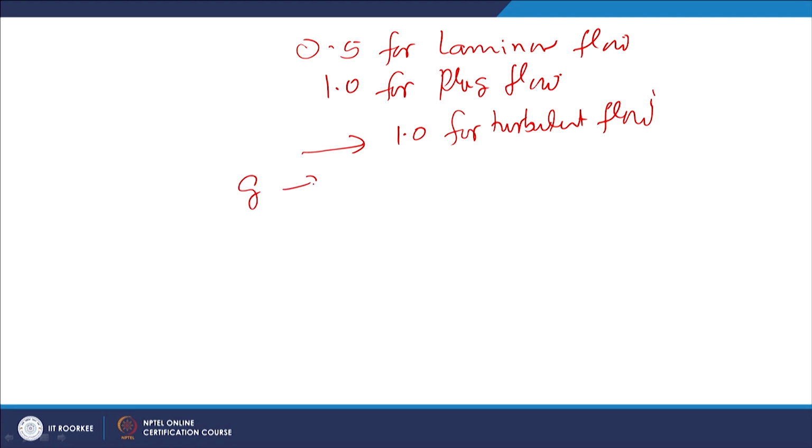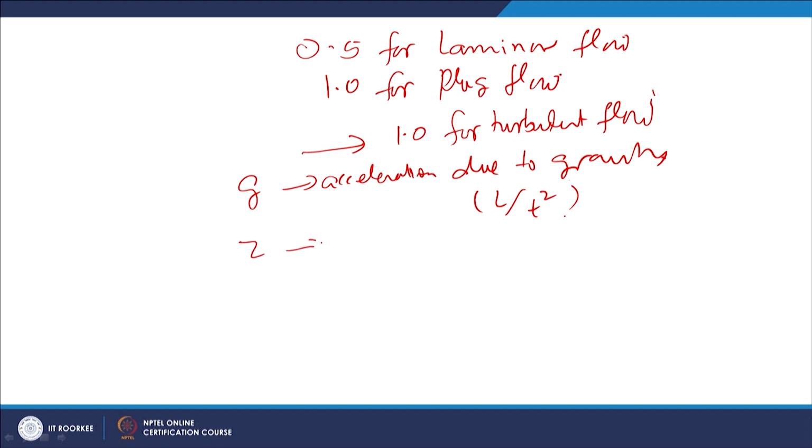Now g is the acceleration due to gravity, having units of length per time squared. Z is the height above datum, in length units.